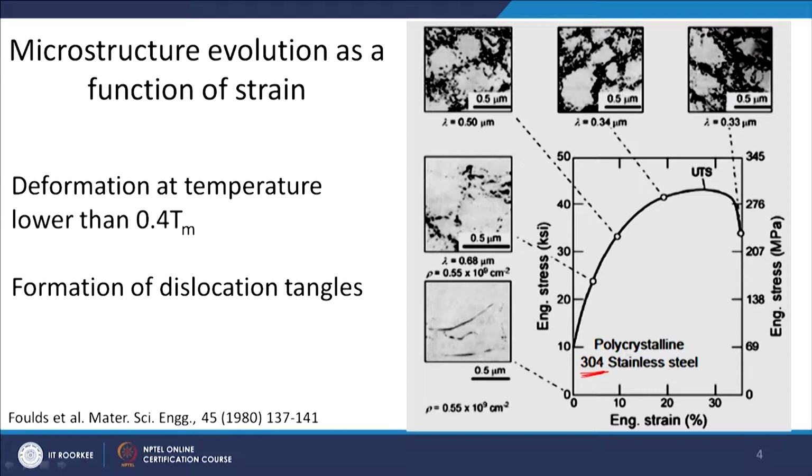The researchers have done very elaborate work on this. They have taken samples from different stages during the deformation process, and these are TEM micrographs showing how the dislocations are arranged.